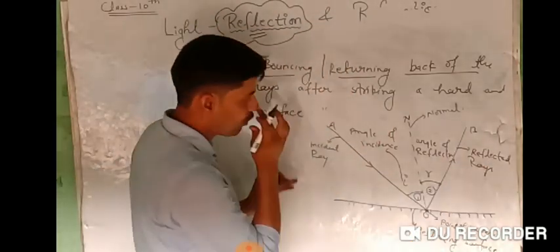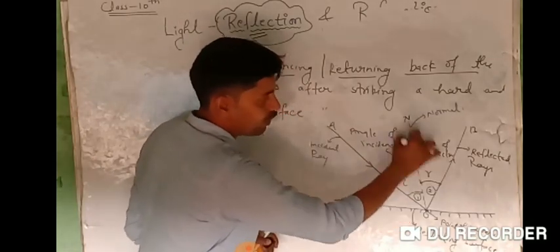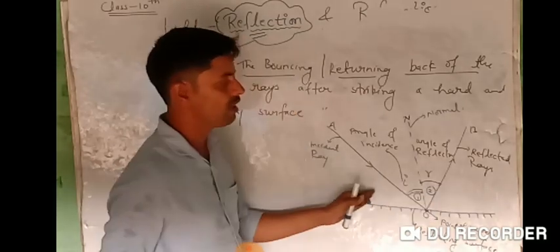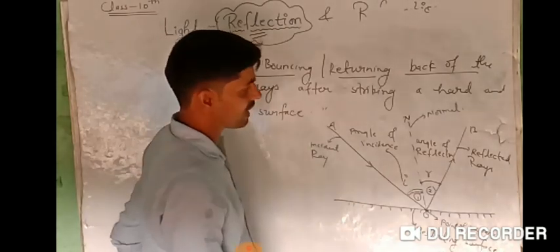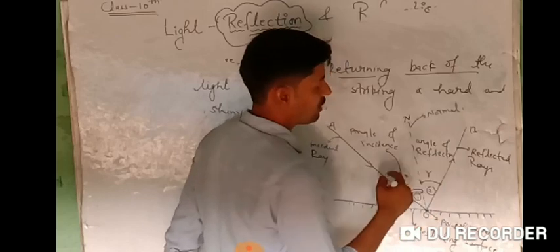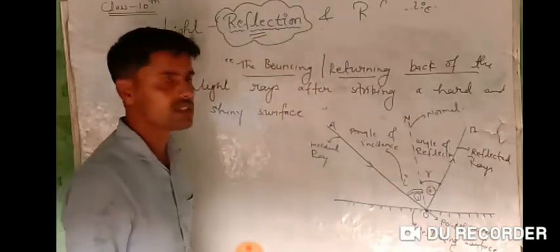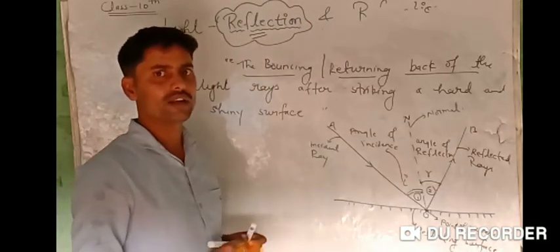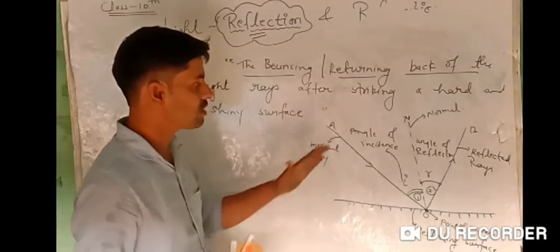The angle formed between the incident ray and the normal is known as the angle of incidence. And the angle between the normal and the reflected ray is the angle of reflection. I hope you are getting this.